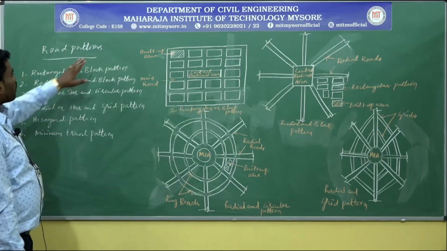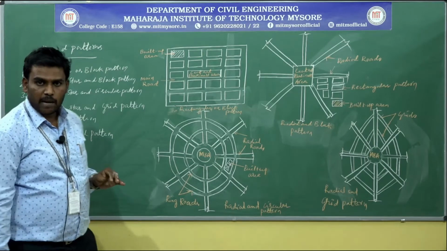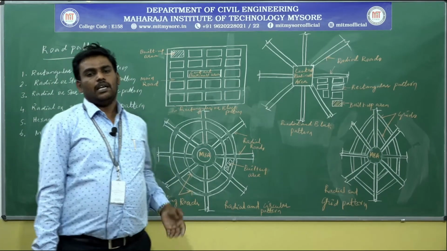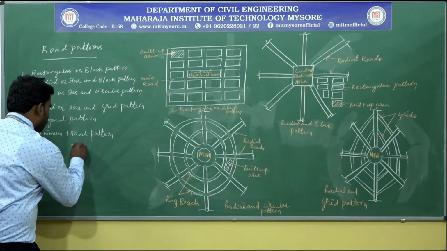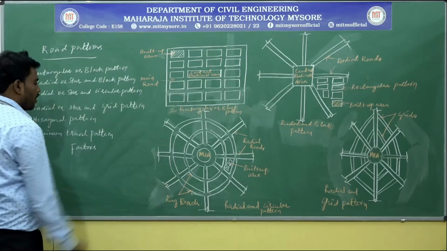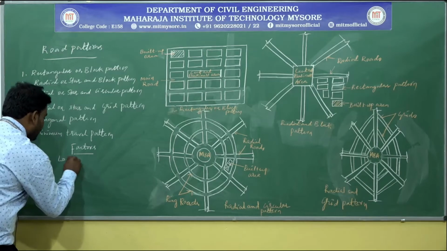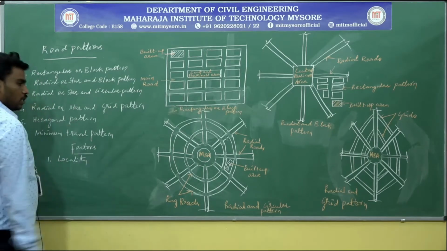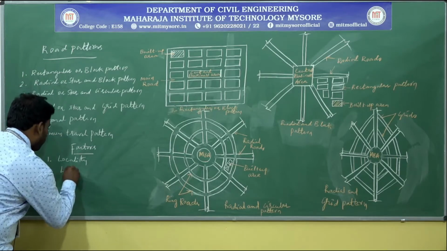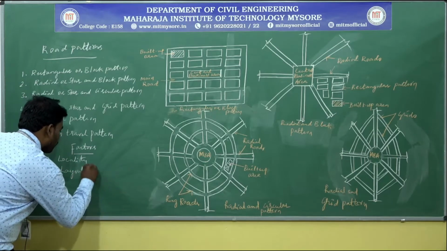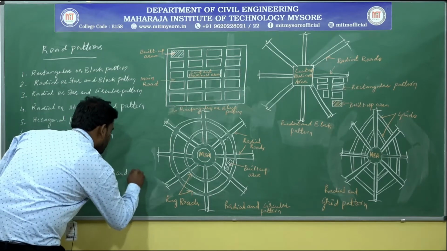Usually the type of road pattern to be provided depends on 4 factors. The factors on which the road pattern depends: number 1, locality. What type of locality it is? Second one, layout of towns and villages.